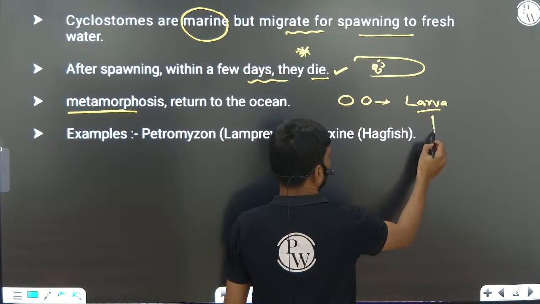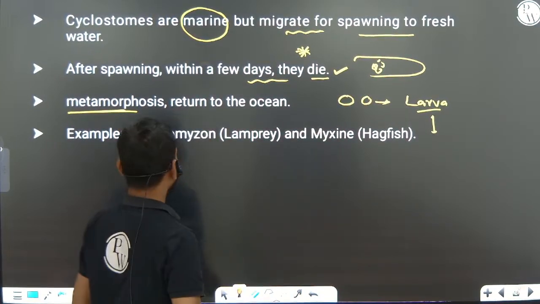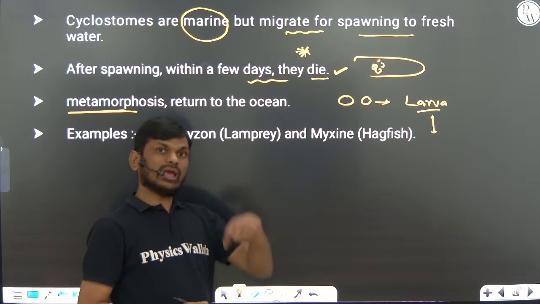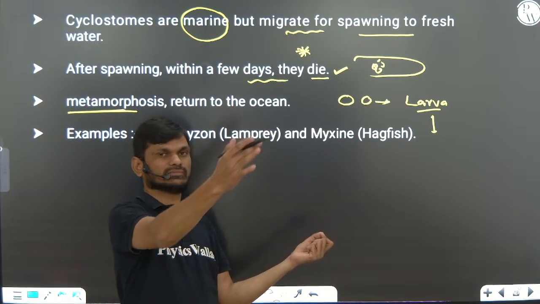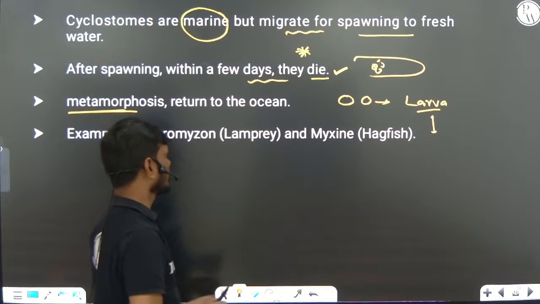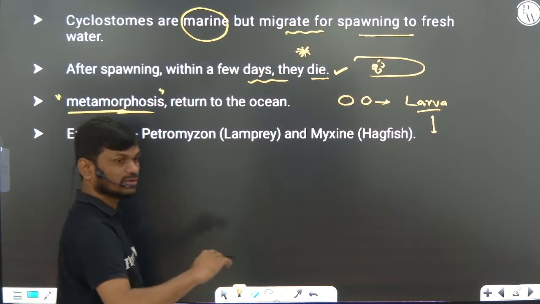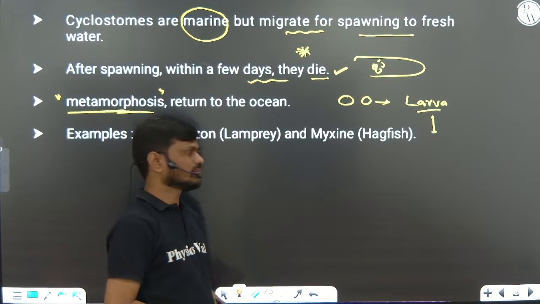That larva again migrates to the marine water. That is called the Ammocoetes larva. Ammocoetes is a larva that hatches in fresh water and then migrates to marine water. That is called metamorphosis: the egg develops into different larval stages and the larva is converted into the adult.